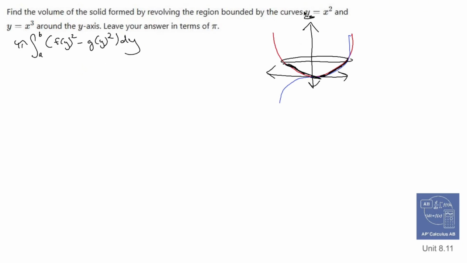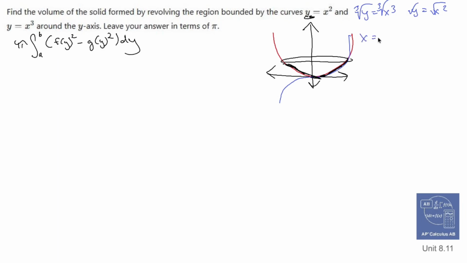All right, so what I need to do is I need to solve both of these for x before I do anything. So I'll do that over here where I have a little bit of space. y equals x cubed and y equals x squared, cube root, square root, right?